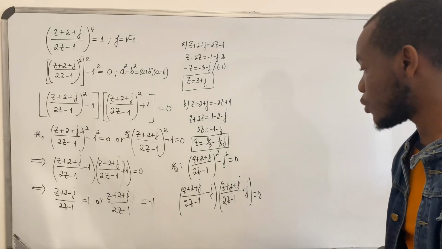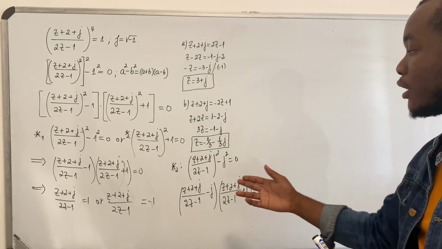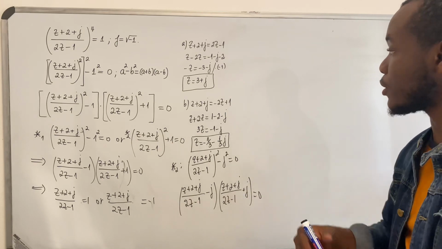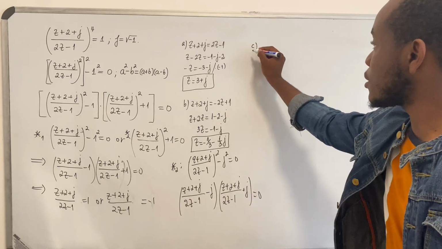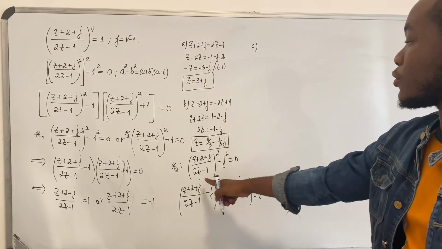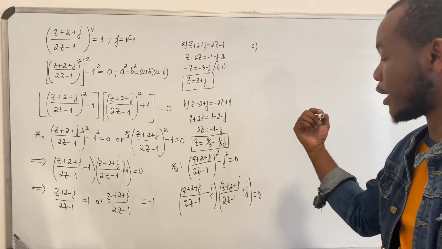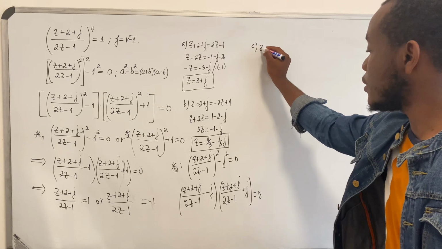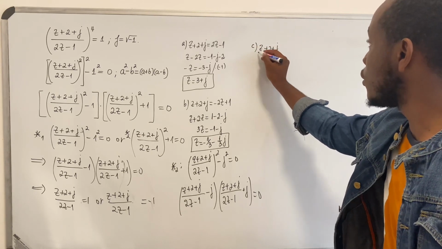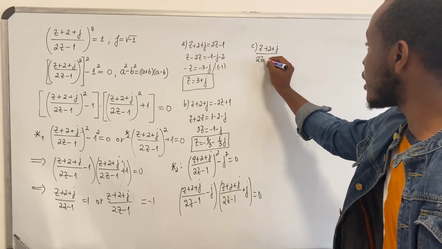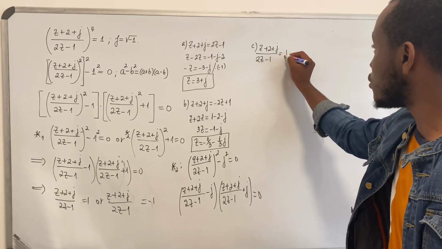So the product of two expressions is only equal to 0 if at least one of them is 0. So let's solve this equation. Now I'm going to call it C because we had A and B. So solving this equation, we can send already this minus j to the right side, it will be j. So we're going to have z plus 2 plus j over 2z minus 1 being equal to j.